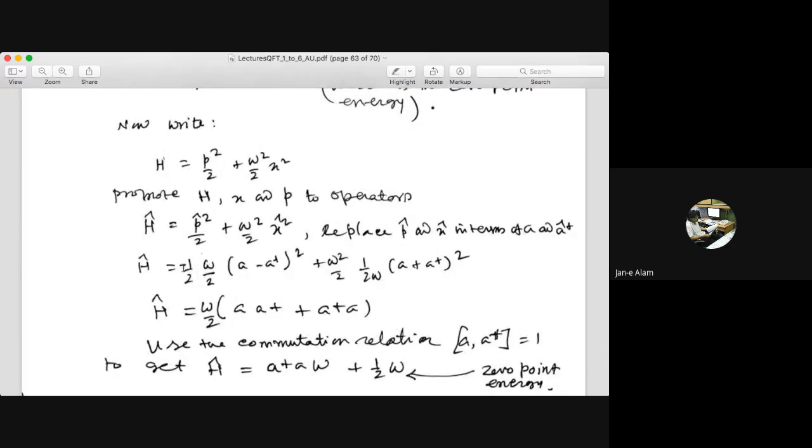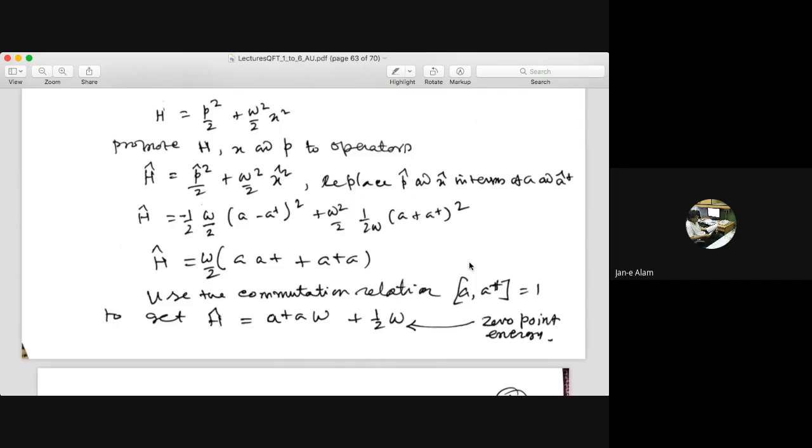It will be minus half omega squared, because you have a p squared, so it will be (a minus a dagger) squared, and here again you have an x squared, so (a plus a dagger) whole squared. Now you just break this square. Remember that a and a dagger do not commute. If you do that, you will get H is omega by 2 times (a a dagger plus a dagger a).